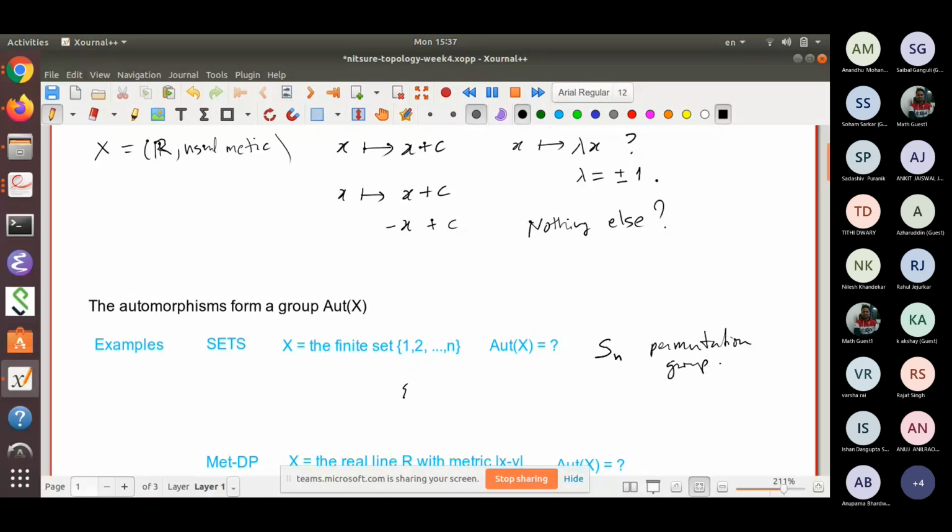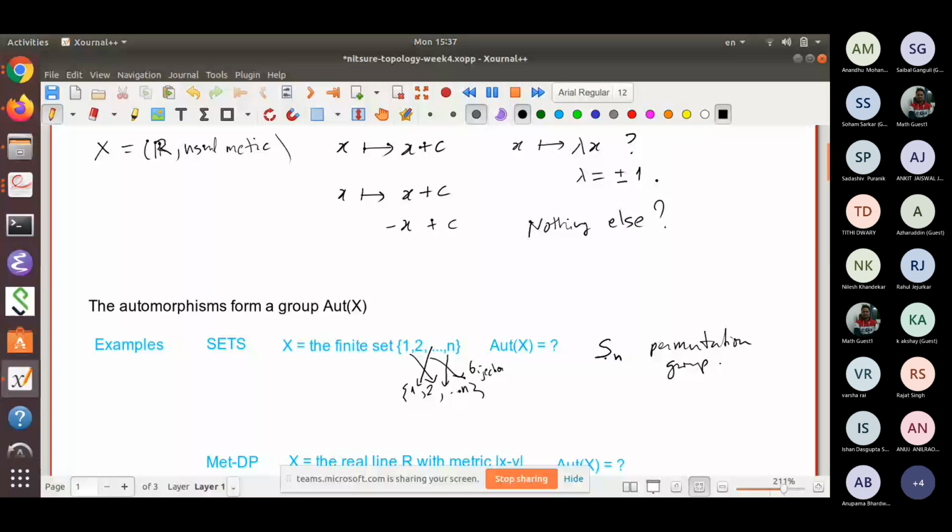Because given any, you take this, and now you simply want to send something to something, something else to something in a bijective manner. That means these are all called Sn. So you are very familiar with this automorphism group Sn.